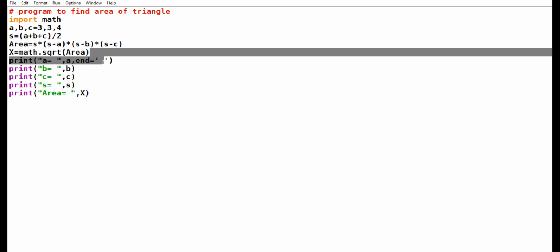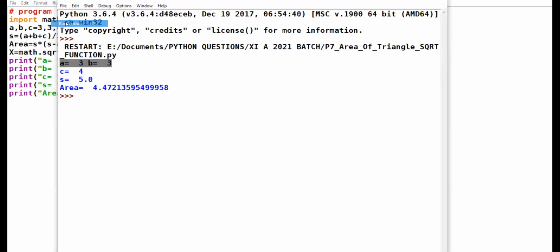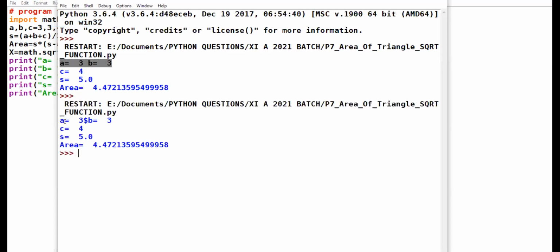You can give any other symbol, like I am giving dollar. See here, A equal to 3 separated by dollar, then dollar is there. When A statement will get printed, it will be terminated by dollar, and the next output will be in the same line. Next output of the next print statement will be in the same line.